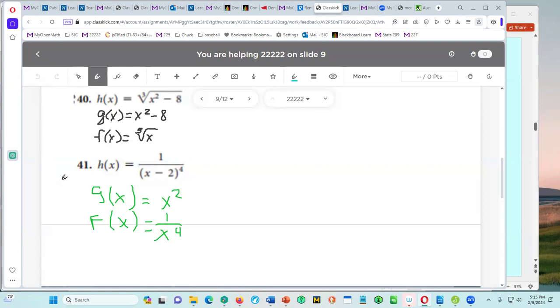Right, exactly. So g of x is x minus 2. Okay, so then how do we finish the problem?